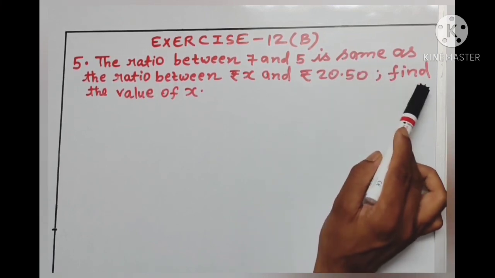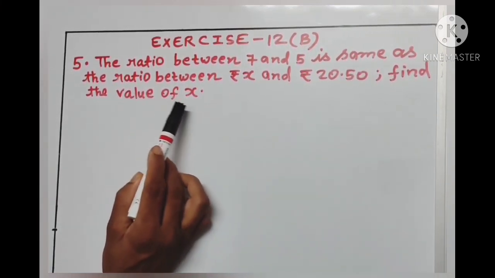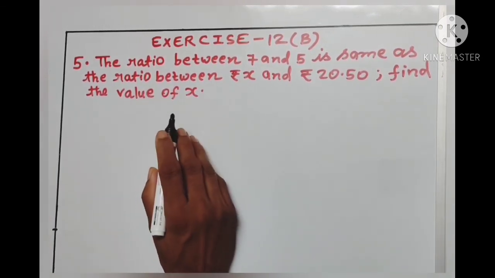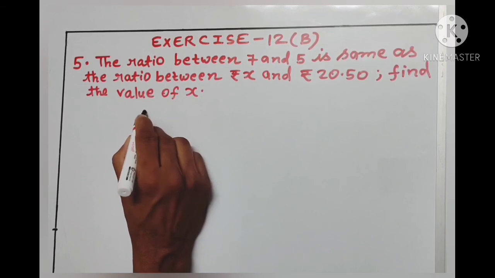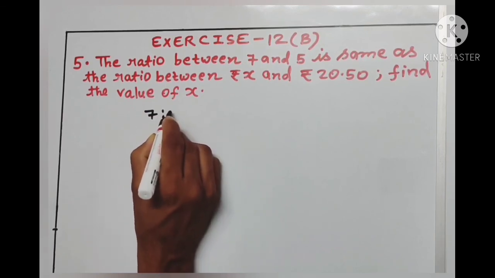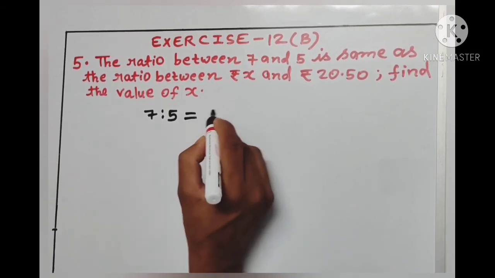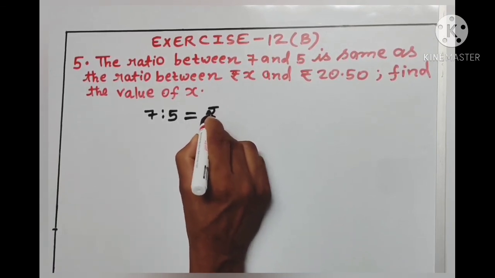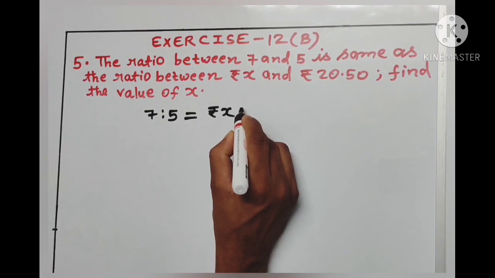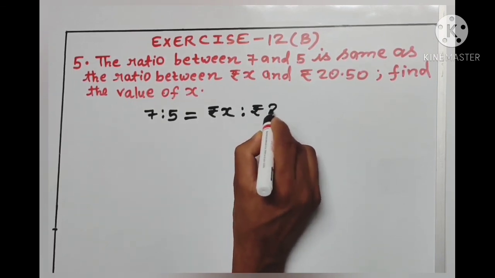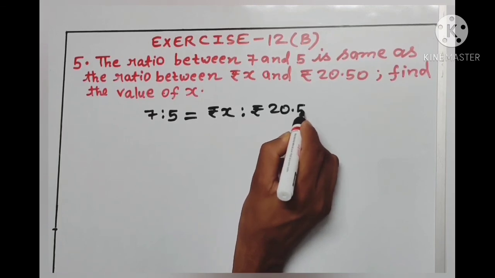So we have to find the value of x. Clear? So in the question, what is given? The ratio 7 is to 5 is equal to the ratio between rupees x and rupees 20.50.